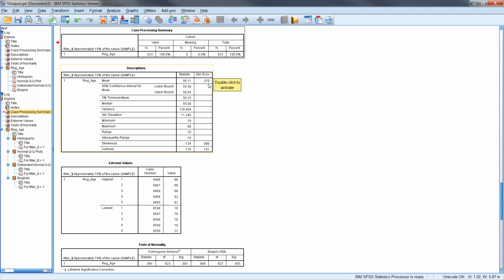All I do with the standard error for the 95% confidence is I take this 0.370 and I multiply it by 1.96, and then I add or subtract whatever value I got from that 56.11, and that'll give me a good bead on the estimate. I don't really have writing tools, I don't think. Let me see here. So I would say, here we go, 1.96, excuse my writing, times 0.370.